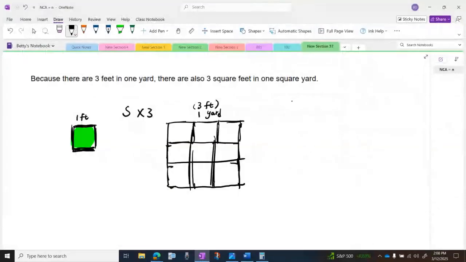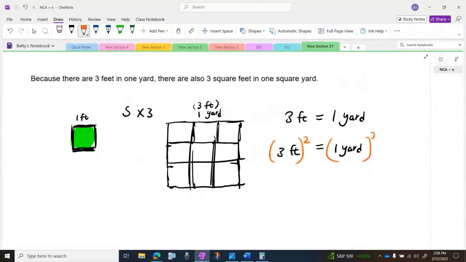So let's start with the formula. 3 feet equals 1 yard, no problem. And you want to know the connection between square feet and square yard, right? Why don't we just square both sides? This is an algebra part.